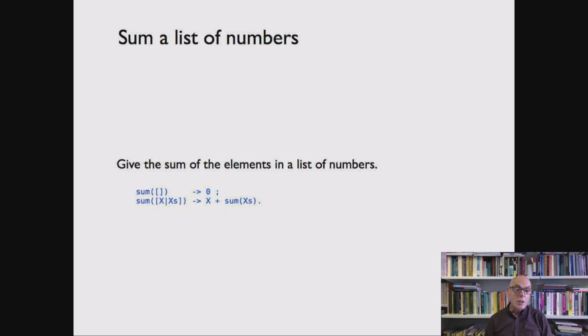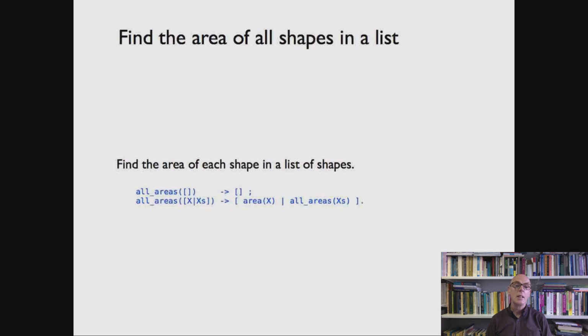Now the sort of things we saw were things like this. We saw an example of summing a list of numbers. What we're doing there is taking a list, a collection of elements, and combining them together into a single value in some way. In fact, it's a very general pattern. We've also seen two slightly more specific patterns.